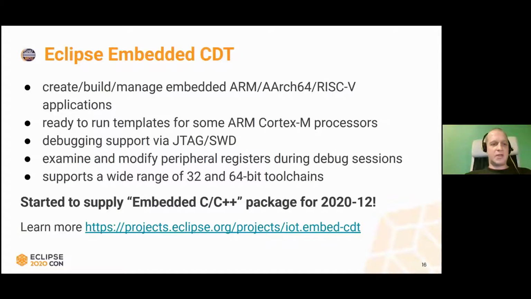The fantastic news is that the upcoming release will include the special package, Embedded C and C++ Development. So you can start downloading it. It's available from M1, and you can give your feedback to Liviu and the team.